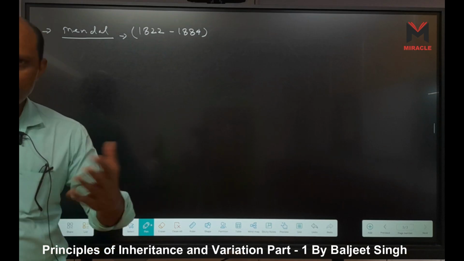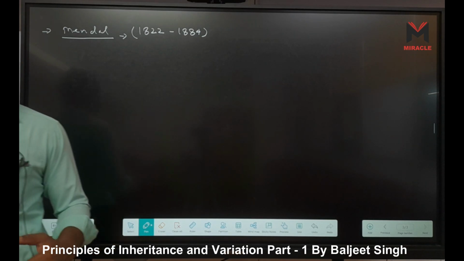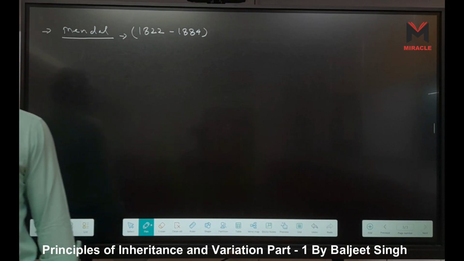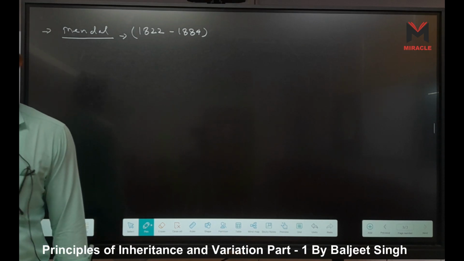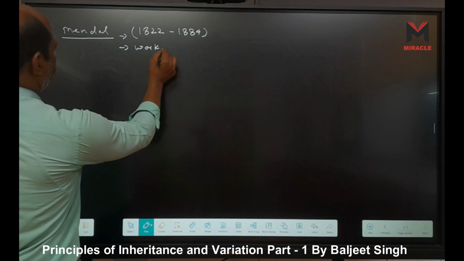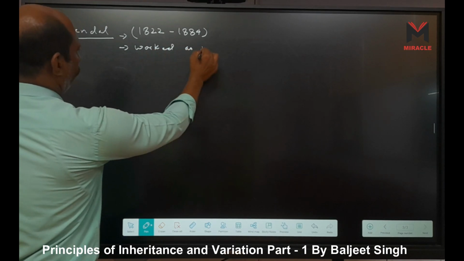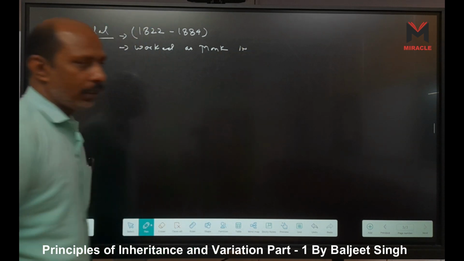Mendel, when he became an adult, started work. He got a job in a monastery, the Augustine monastery, as a monk in Brunn city, Austria. He worked as a monk in the Augustine monastery.